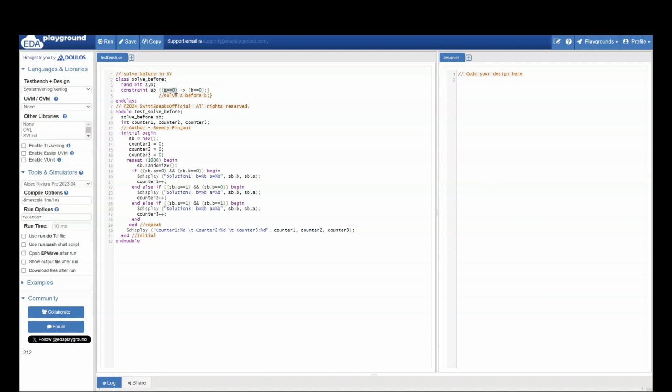It means when A equal to 0, B equal to 1 is never going to get generated. That's why we have only three possible solutions. A equal to 0, B equal to 0 is one solution. A equal to 1, B equal to 0 is another solution, and A equal to 1, B equal to 1 is the third solution. And all of them are going to have equal probability, which is one third.